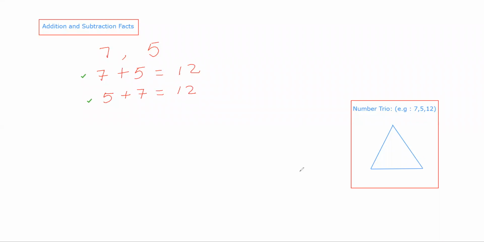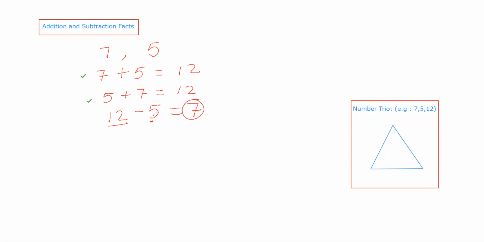Now I will work out the subtraction facts. So my first subtraction fact is 12 minus 5 is equal to 7. Okay. So if you take your biggest number from this number trio, which is 12, and subtract or take away one smaller number, you will get the third number, the remaining number.